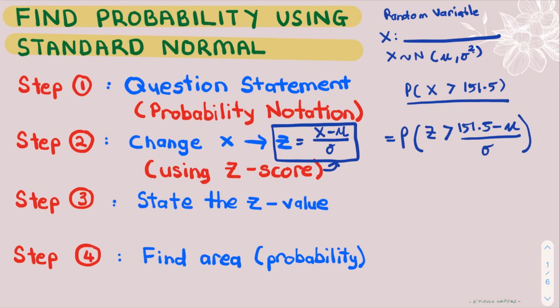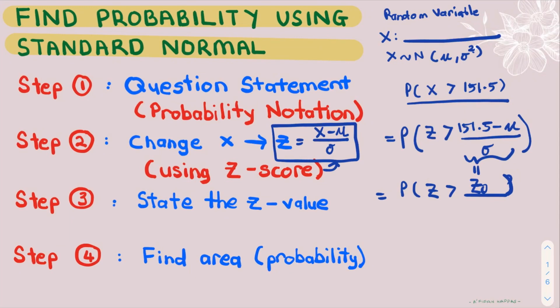Then step 3 is state the Z value clearly. Means that P(Z greater than a certain number). After you calculate this, you're going to get a certain value of Z naught. Then the fourth step is find the area and the probability.